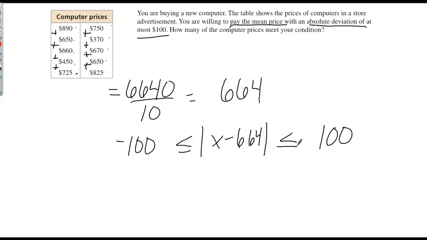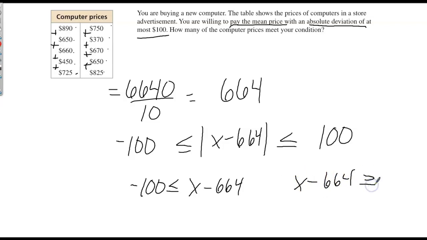So then if we were going to solve this, we would say negative 100 is less than or equal to x minus 664, or x minus 664 is greater than or equal to 100.